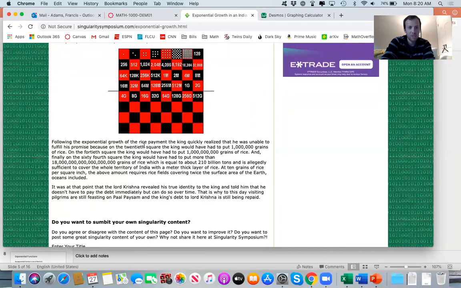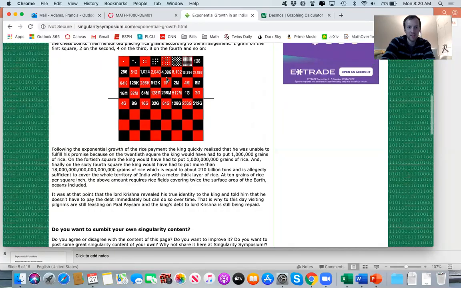If you actually compute these numbers, on the 20th square, you're going to have to put 1,000,000. That is here. On the 40th square, which is here, that is a trillion. So 1,000 million. No, that's billion grains of rice.